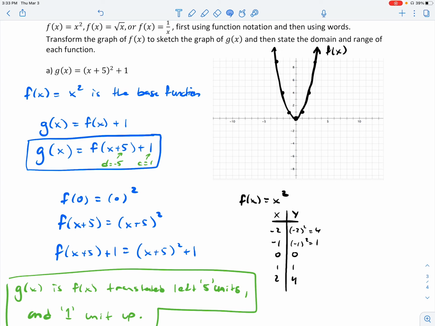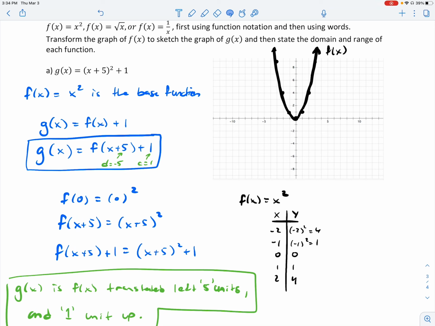Okay, I can copy it and I can do the shifts that I need to. It's kind of convenient. And the only reason I'm doing this is because this actually shows what a translation is, because it's not a change in shape, it's only a change in position.